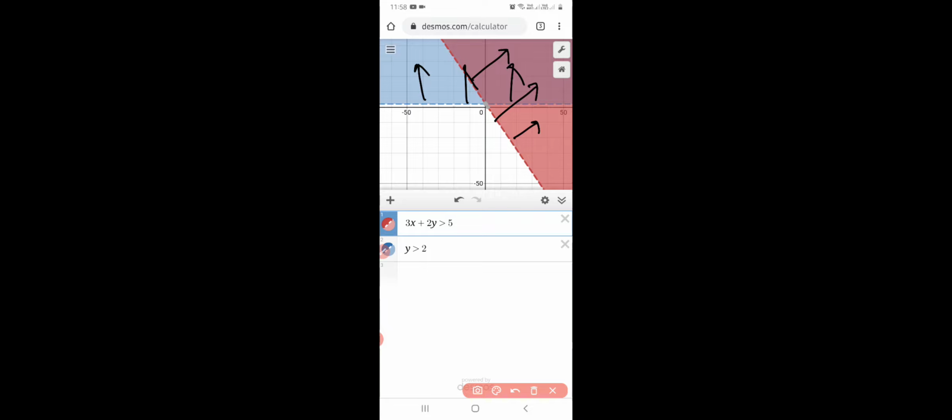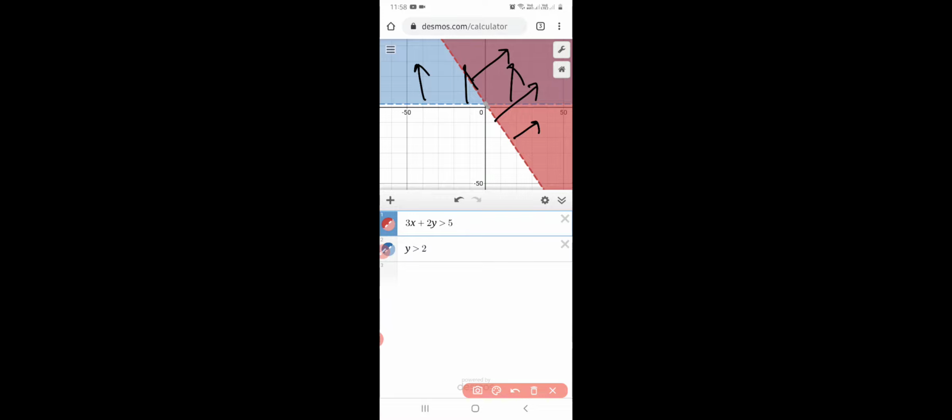Now obviously just remember, when we tried solving simultaneous equations, what we tried to do, we tried to find that common solution which satisfies both the equation. So here also I am going to try to do the same thing. I am going to try to find that common area which is satisfied by both the inequalities.